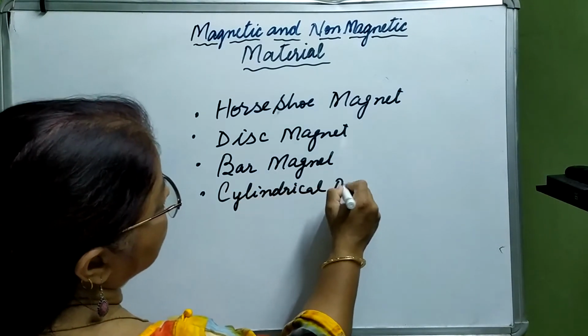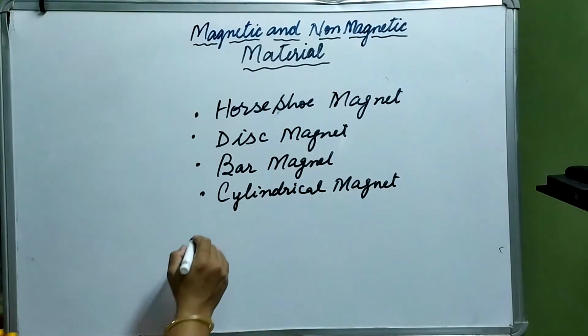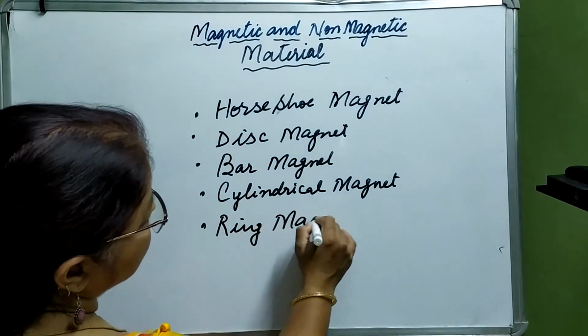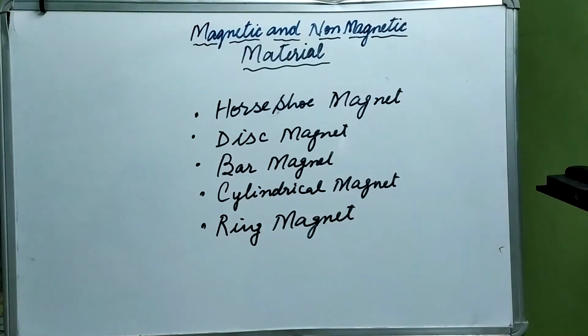And what is the next one? It is the ring magnet. Okay. So these were the different types of magnet that we learnt earlier in our previous class.